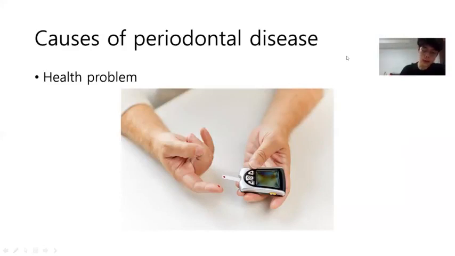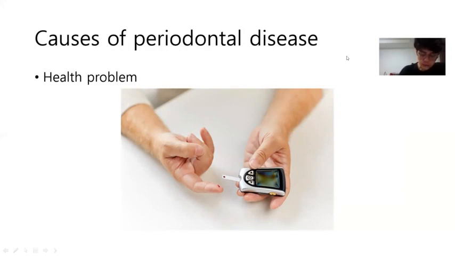Researchers found that people who have identified abnormalities in the genes on immunity are vulnerable to periodontal disease. Periodontitis is known to be caused by excessive immunity caused by bacterial infections, as I said before.